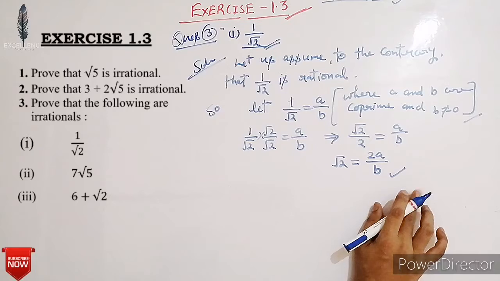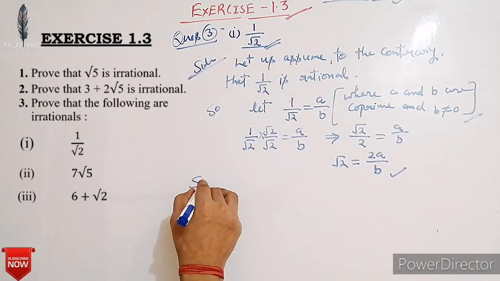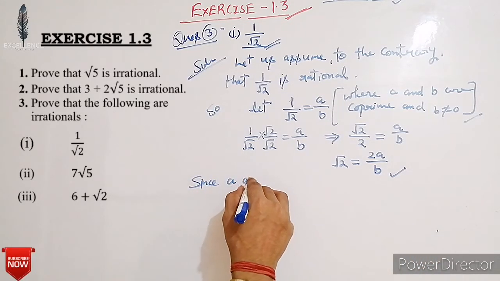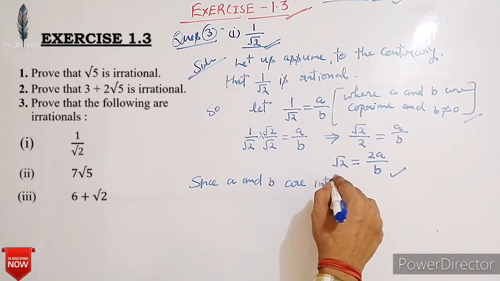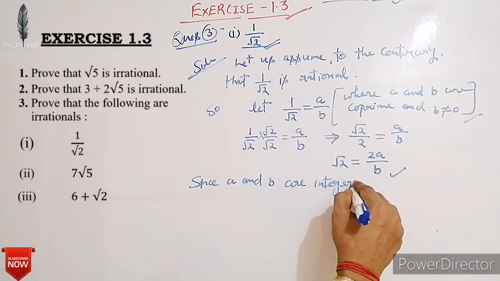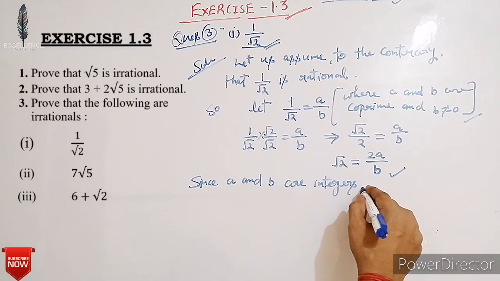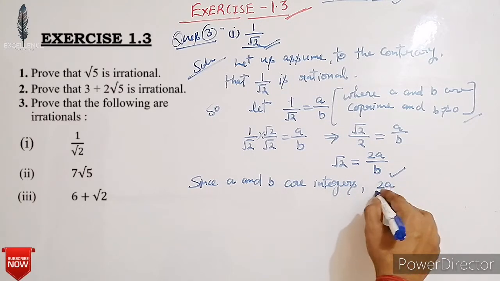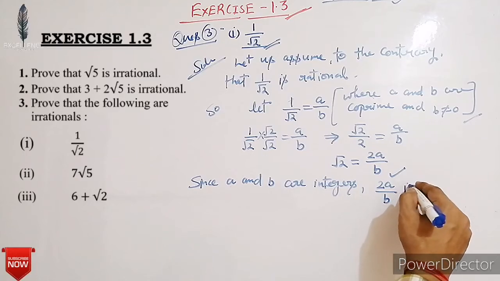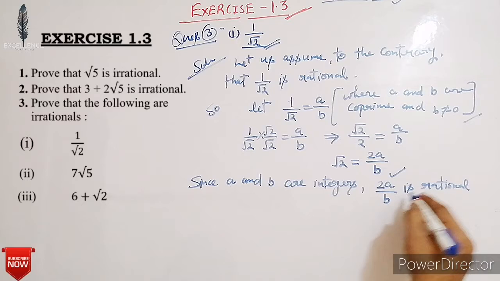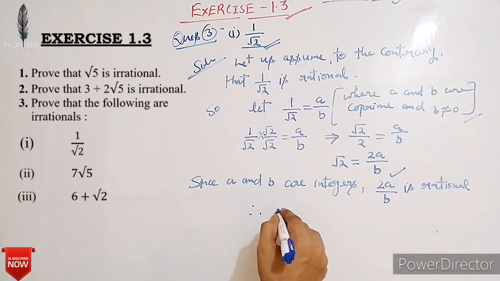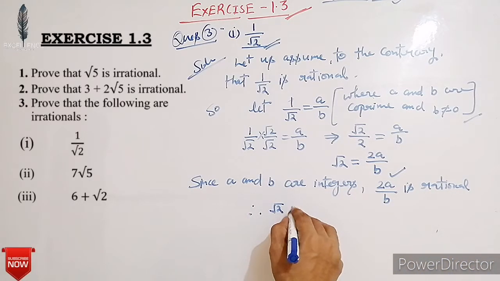Okay students, since a and b are integers, therefore 2a/b is rational. So √2 is rational because √2 equals 2a/b.